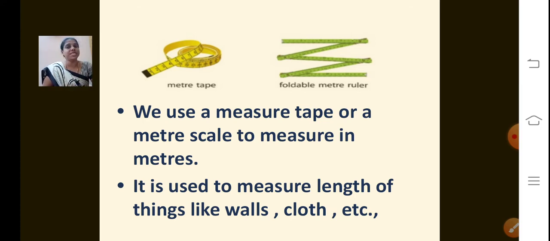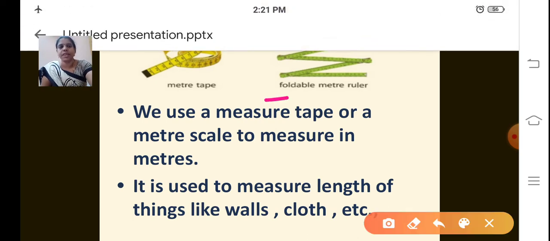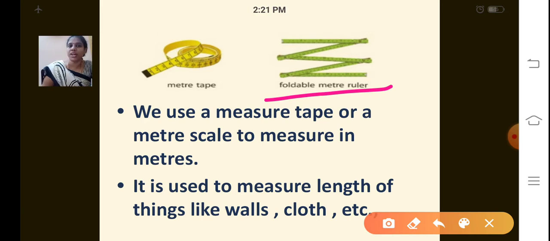We'll use the measuring tape or a meter scale. Just see, this is a foldable meter ruler. To measure in meters, we use a measuring tape or a meter scale.